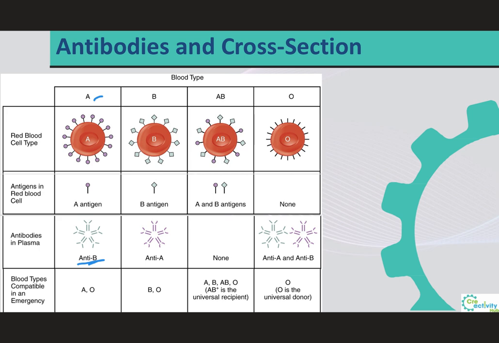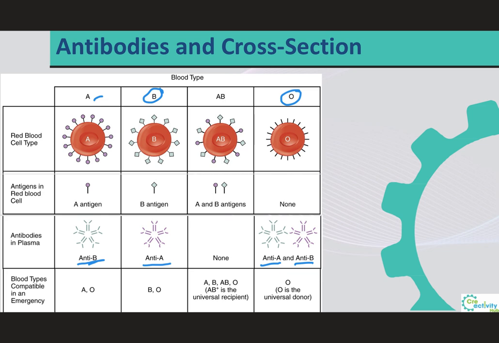If you have type B blood, then your plasma contains circulating anti-A antibodies that will attack type A erythrocytes. And if you have type O blood, then your plasma contains circulating anti-A and anti-B antibodies that will definitely attack type A and type B erythrocytes.